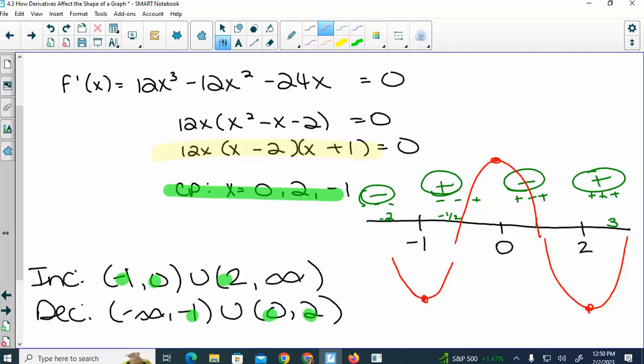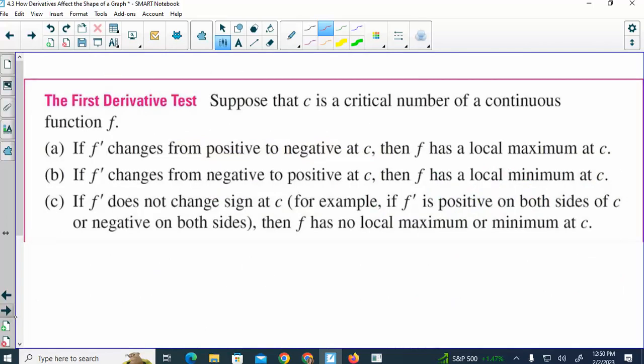So that's the next thing on your notes. The first derivative test tells you if it is a max or a min. They give you the rules: if it changes from positive to negative, that means it went from increasing to decreasing. So what was formed right here? A local max.